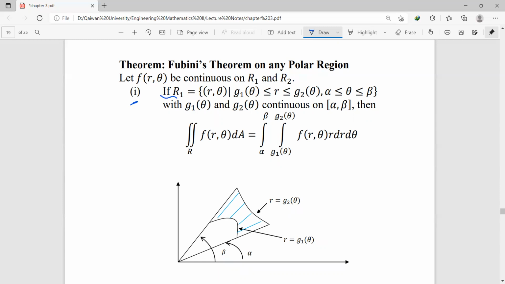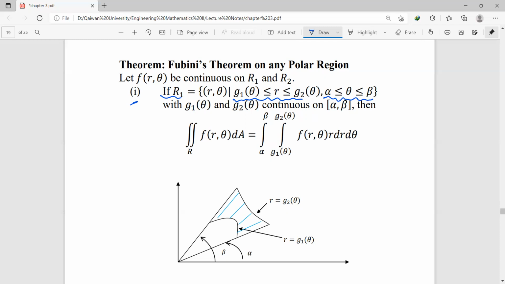We say if R1 is this region, r is from a function to another function. Here, g is a function of theta. And theta is from a constant to another constant.